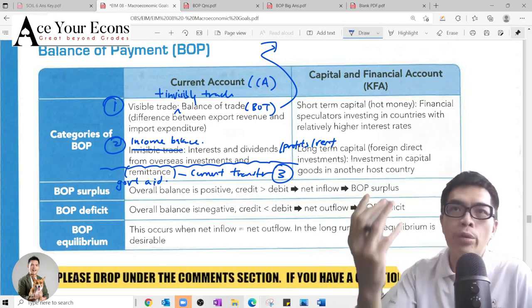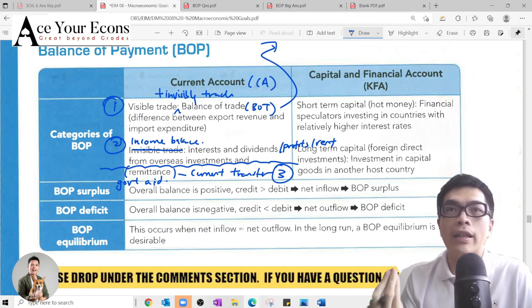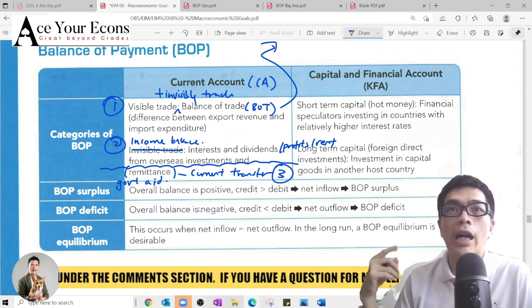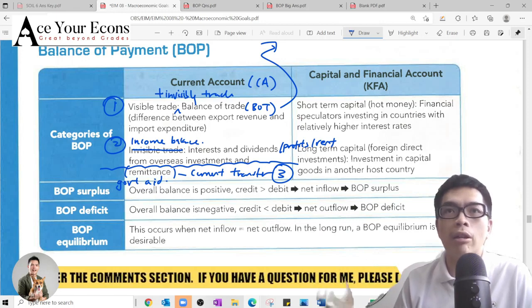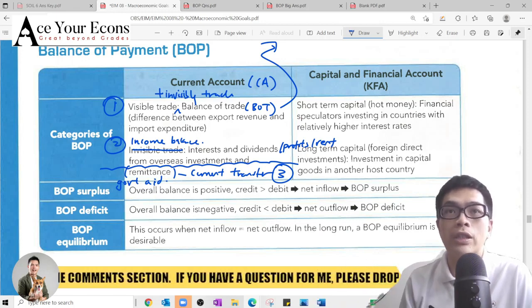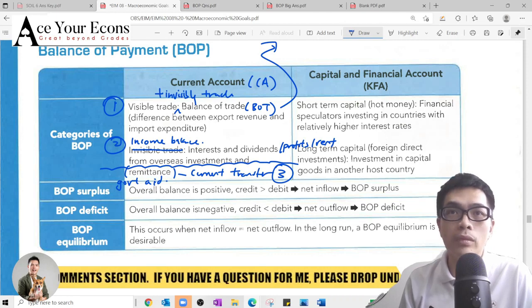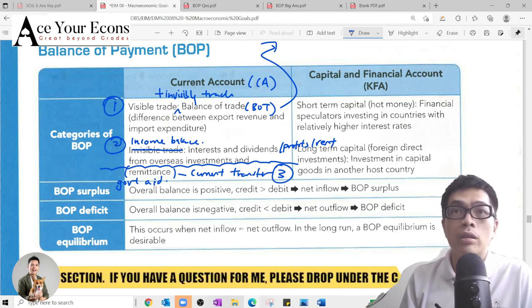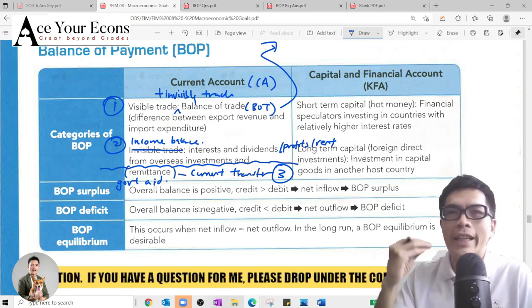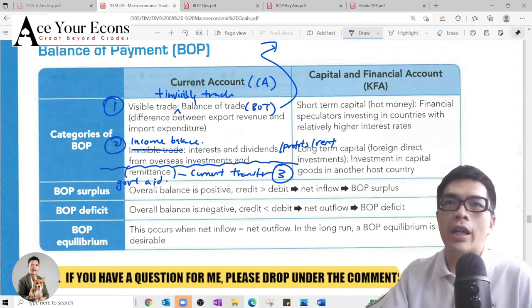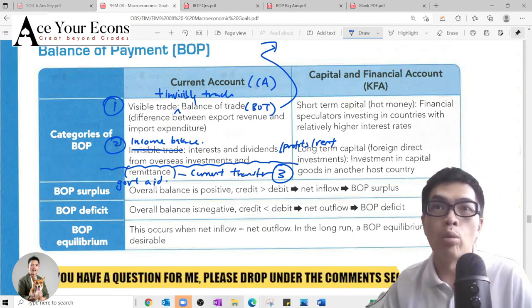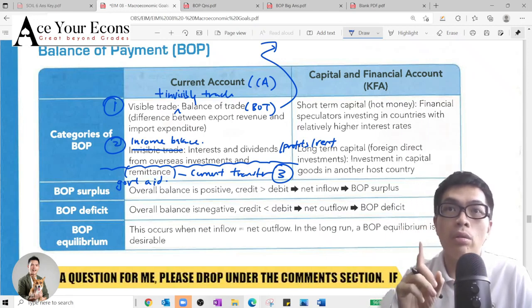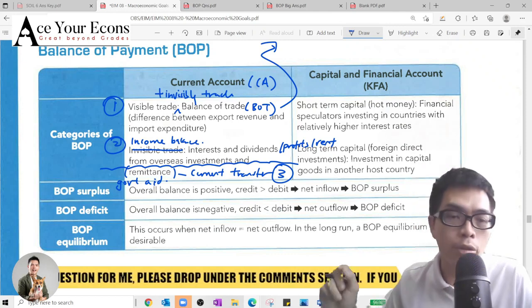If Ukraine is receiving foreign aid from other countries, then there will be an inflow on the current transfer side, or unilateral transfer, in terms of government aid. The country that's providing the aid, the United States, France, Europe, will have an outflow. So it's always important to look into what perspective you are taking, which country.